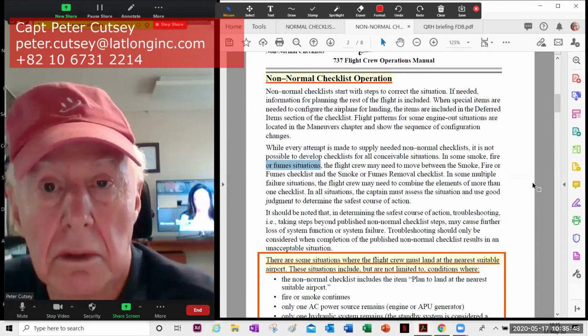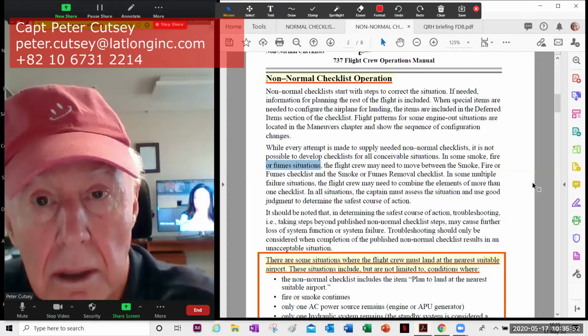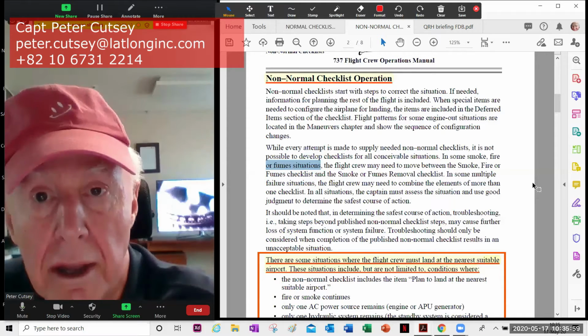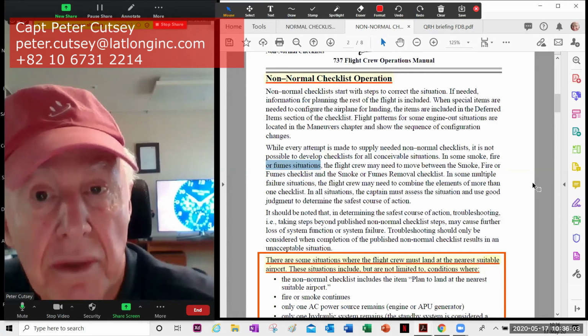Mask on, communicate, point the airplane to a suitable airport, maximum speed, call for the checklist. And if the checklist isn't complete, be in a position to land the airplane and evacuate if necessary.